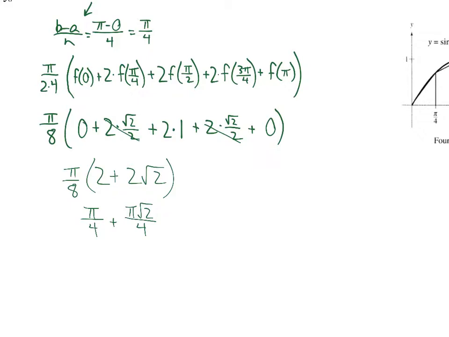Okay? So that's not a bad approximation. Okay? Not a bad approximation.